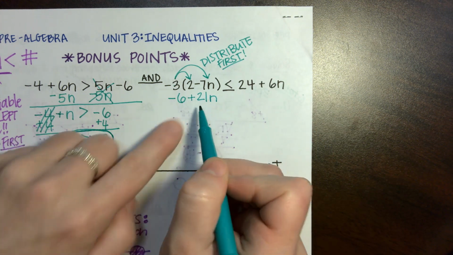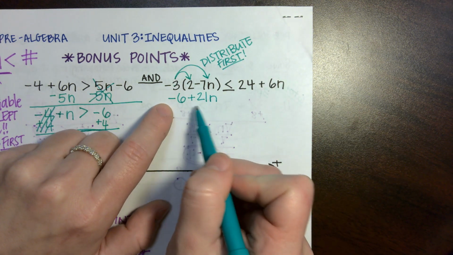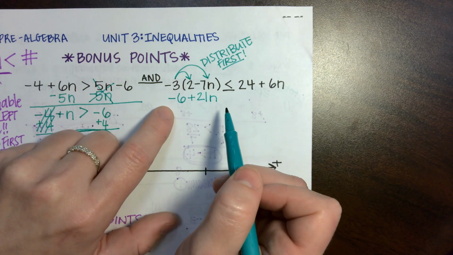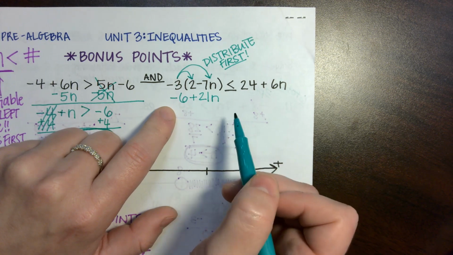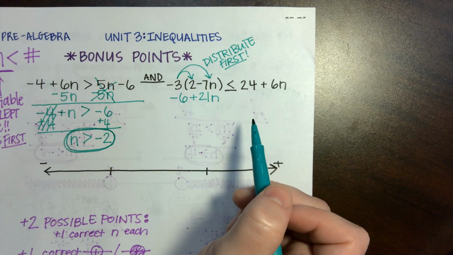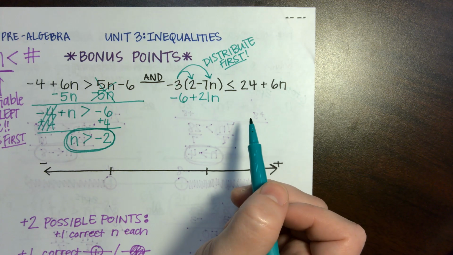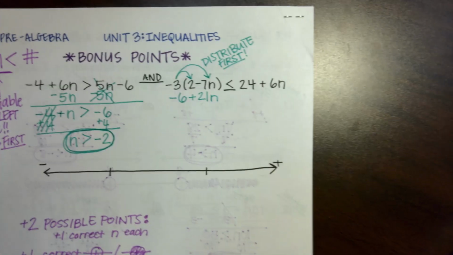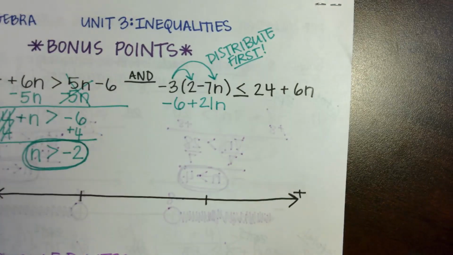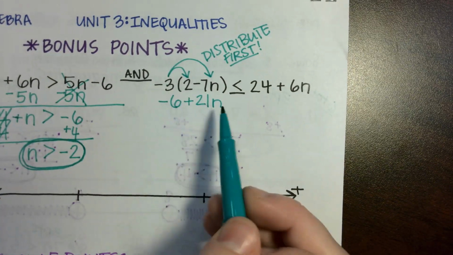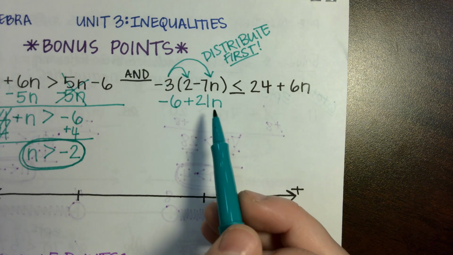All right, does everybody see where we got -6 plus 21n? I want to make sure we're all to that point before I move on. Is anybody confused about how we got to this point? You all got it? Good.